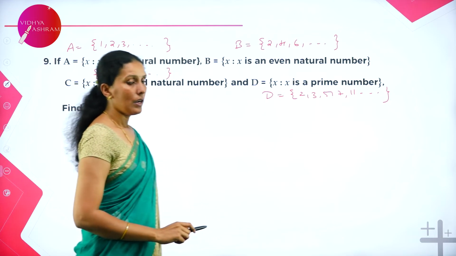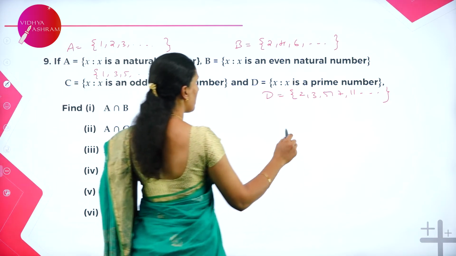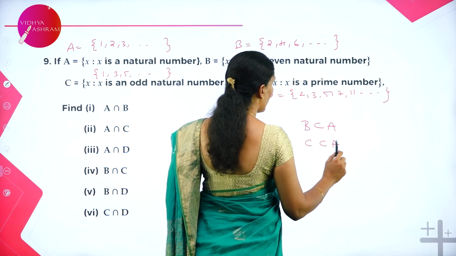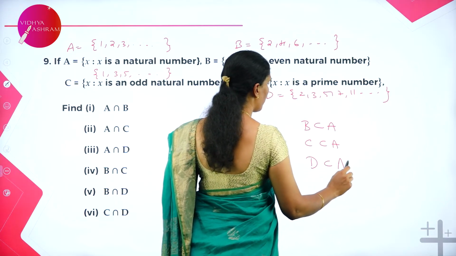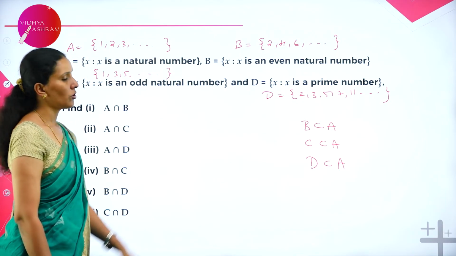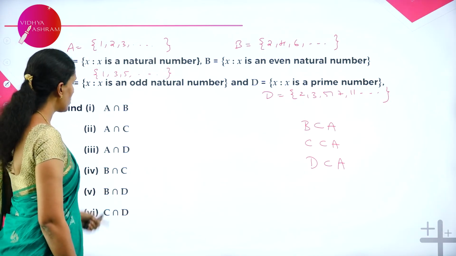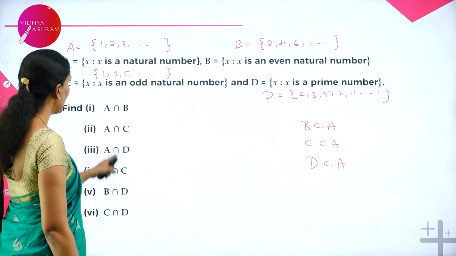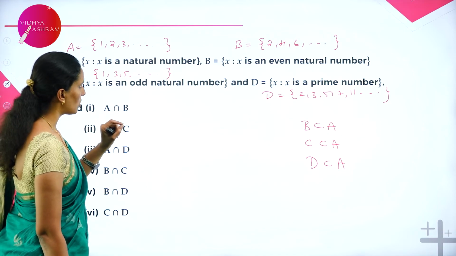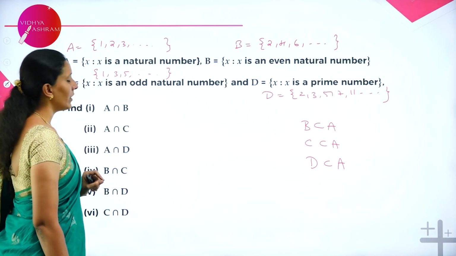Only prime numbers. And clearly you can see B is a subset of A, C is a subset of A, and D is also a subset of A, because all of them are subsets of the natural numbers. Now let's try the intersections. A intersection B: B is the set of even natural numbers, and A is the natural numbers.